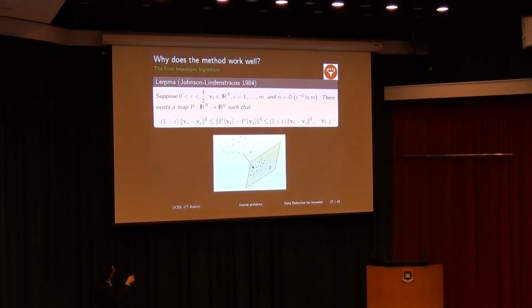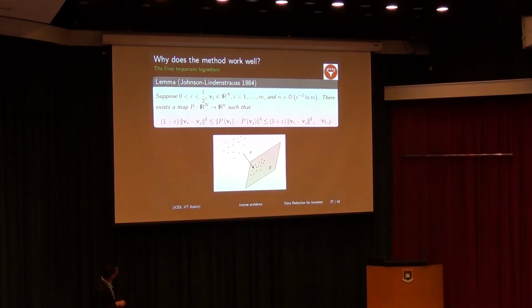Let me start with the first ingredient, namely Johnson-Lindenstrauss, a well-known method in machine learning and computer science, where you want to do random projection to reduce the dimension of the data. The theorem says the following: take m high-dimensional vectors in R^N.